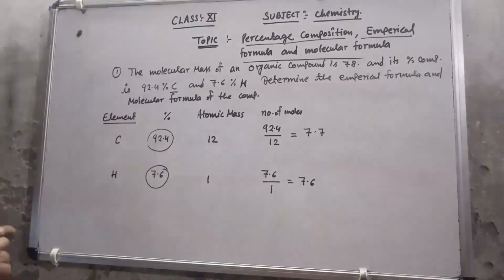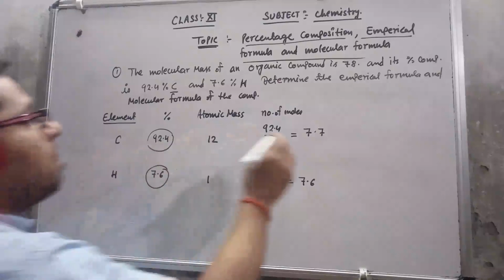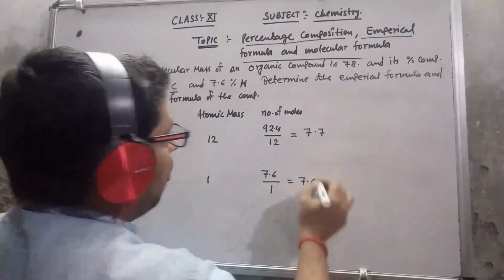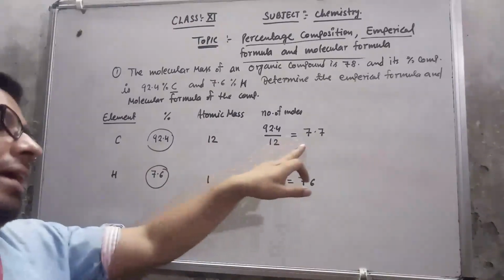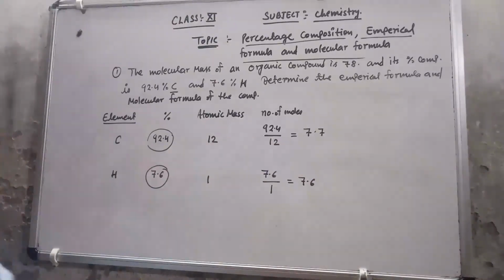You have seen already that in any compound formula, the numbers of moles are whole numbers, they are not decimals. Here both are decimals, so our duty is to make them whole numbers. How?